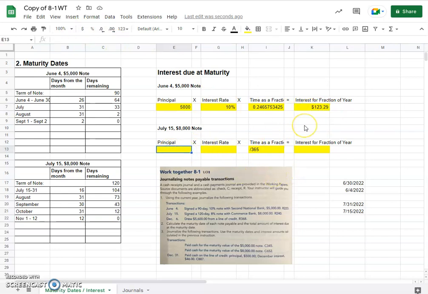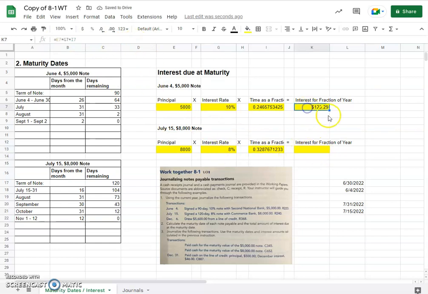So your next one is an $8,000 note, and the interest rate is 8%. And your time is 120 days, so equals 120 divided by 365.